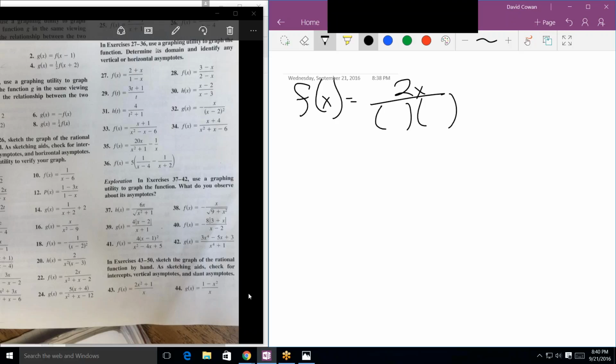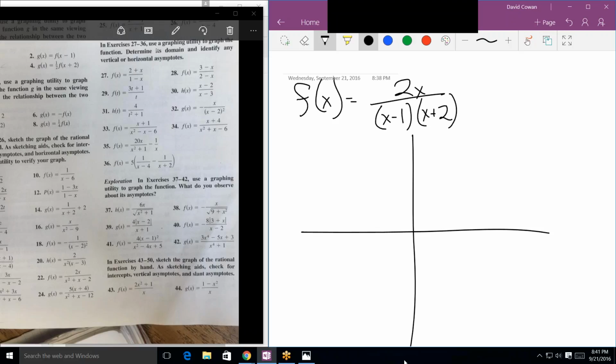So how does it factor? We're doing the bottom. X squared plus x minus 2 factors into x minus 1 and x plus 2. Now that gives us a framework to work with. In other words, the very first thing you want to put on your graph is the vertical asymptotes.